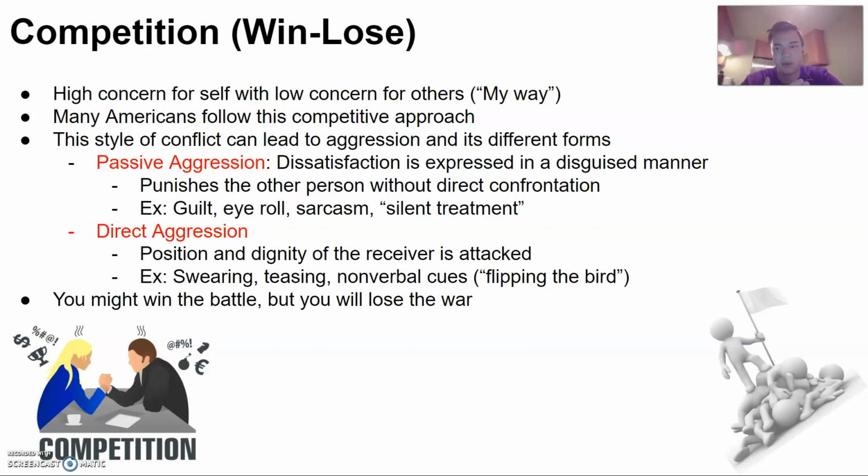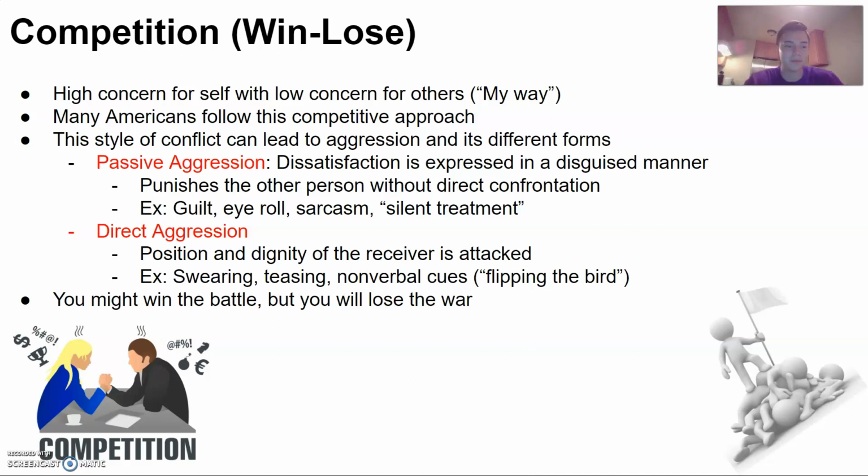There can be the typical eye roll. There's the sarcasm too that is involved with passive aggression. And even the silent treatment, where you're not going to speak to that person at all because of something that they did, or vice versa. The other person is not going to speak to you at all because of what you did to them. And eventually, again, it's just going to lead to you guys butting heads.